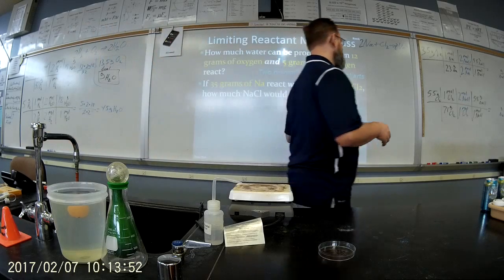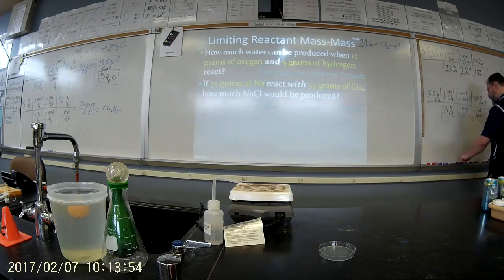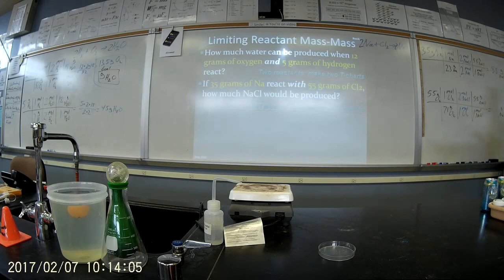Okay. If sodium was the limiting reactant, how much sodium chloride would we make? 88.26. About 88 grams? Yeah. Sounds good. And if chlorine was the limiting reactant, how much sodium chloride would we make? 89.859. About 90? Yeah.